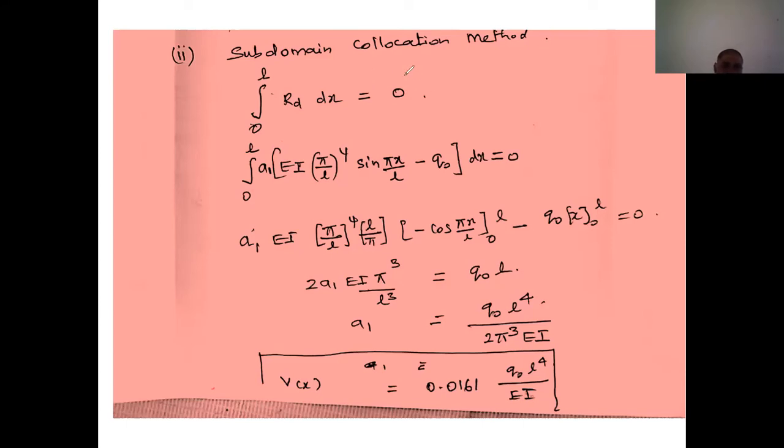So here I am taking a single domain, right from x is equal to 0 to x is equal to L. So this is the problem. We are going to take the entire span x is equal to 0 to x is equal to L.